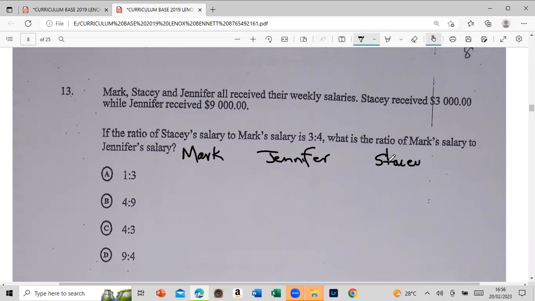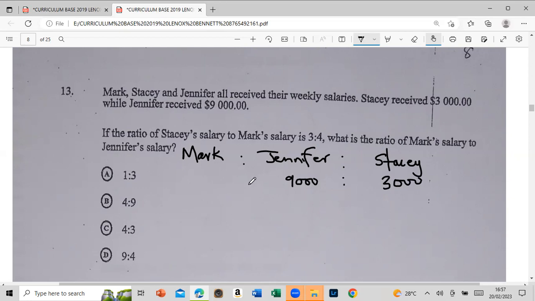Alright, so that's the first thing, it's the three persons. And then put things into perspective. Now it says Stacy received 3,000, so we can put that in. And it also said that Jennifer received 9,000.